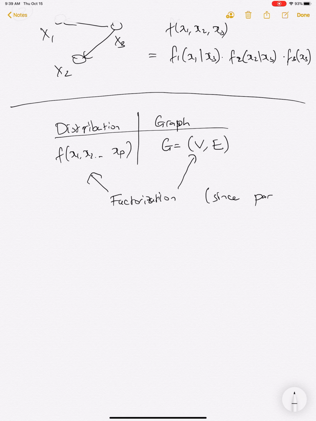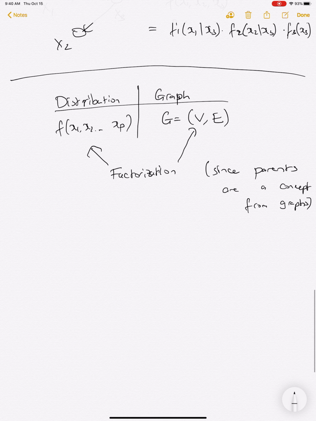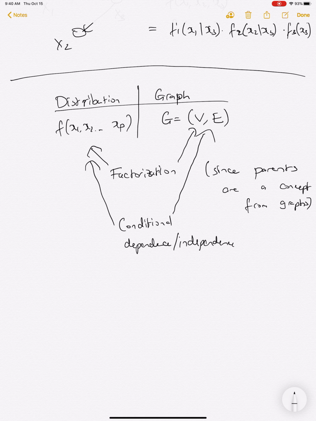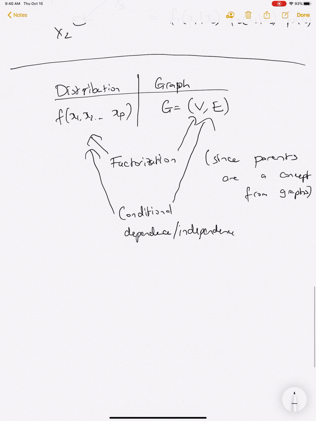Since parents are a concept from graphs, we're going to learn a different characterization today, which is this notion of conditional dependence or independence, which I've touched on earlier. We're going to see that the presence or absence of an edge is actually going to relate to a conditional independence.